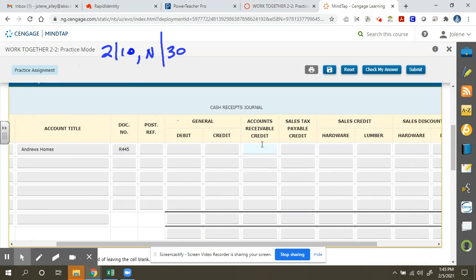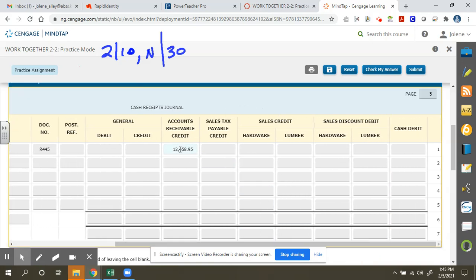Now, when they made the purchase from this company, they owed $12,458.95, and they gave a promissory note and said, we will pay all of this back. This is how much that they owe, that they're responsible for. Well, they're paying within the discounted time, so we have to give them a 2% discount.